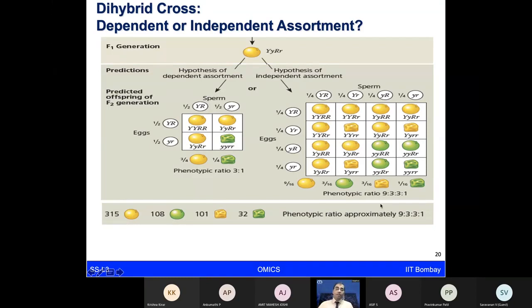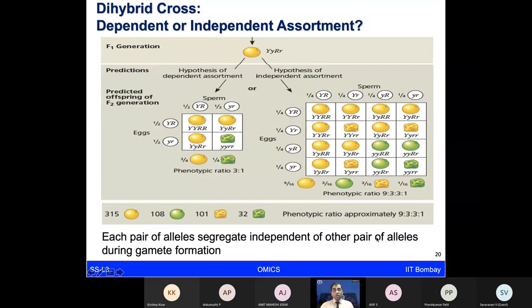These characteristics, the seed shape, wrinkled or round, and the coloration, green versus yellow, are independent and they assort independently. So each pair of alleles is going to segregate independently of the other pair of alleles during gamete formation, and that set up the basis for his second law of independent assortment.